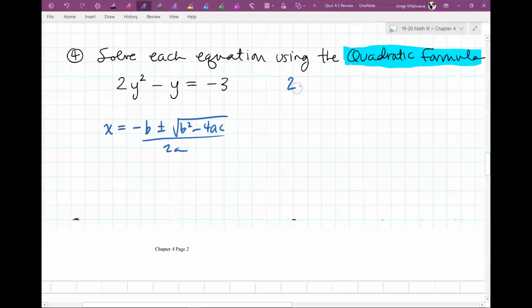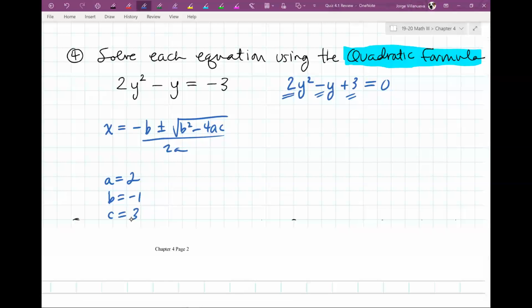So I'm going to rewrite the equation: 2y squared minus y plus 3 equals 0. Now I know that my ABCs are: A is 2, this 2 right here is my A. My B is negative 1, and my C value is a positive 3. So 2, negative 1, and 3.